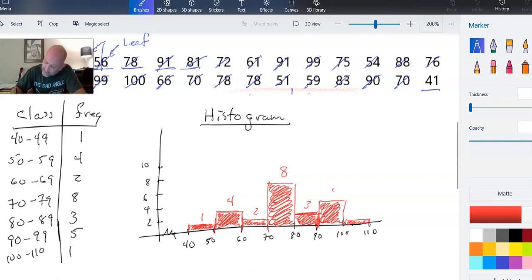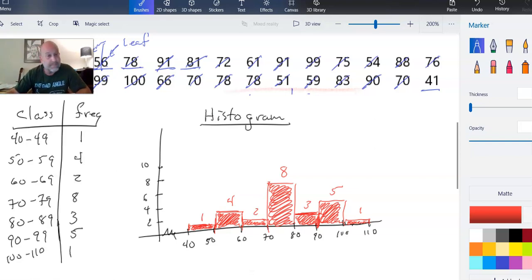I know a lot of the time when you do this in Excel or things like that, one of the options is to make it a histogram that has the numbers on top of each bar. Okay, so that is our histogram. It's pretty straightforward.